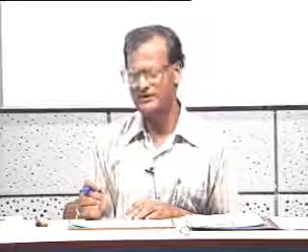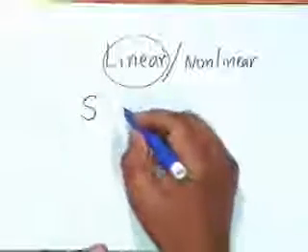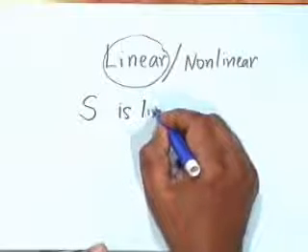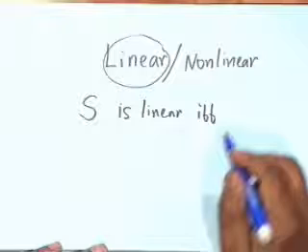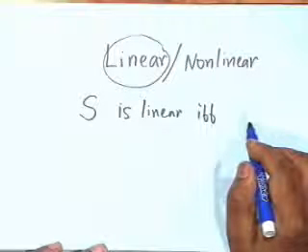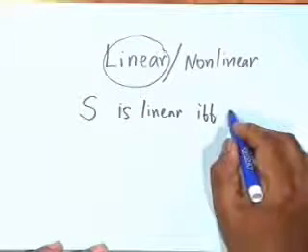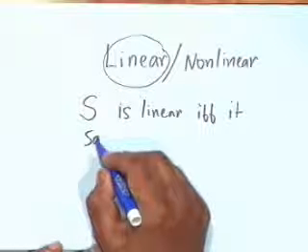Let me first give the formal definition, then I shall explain. A system S is said to be linear if and only if it satisfies two principles.